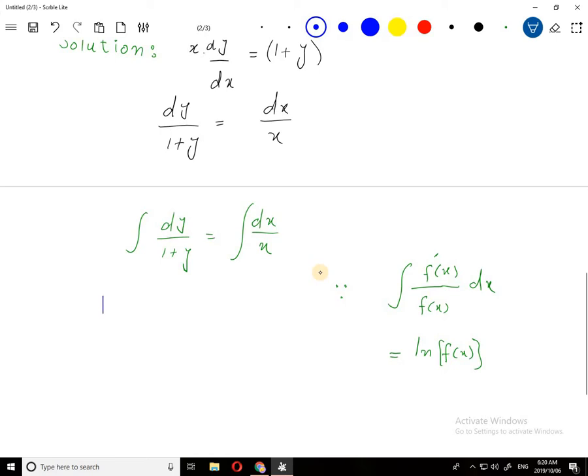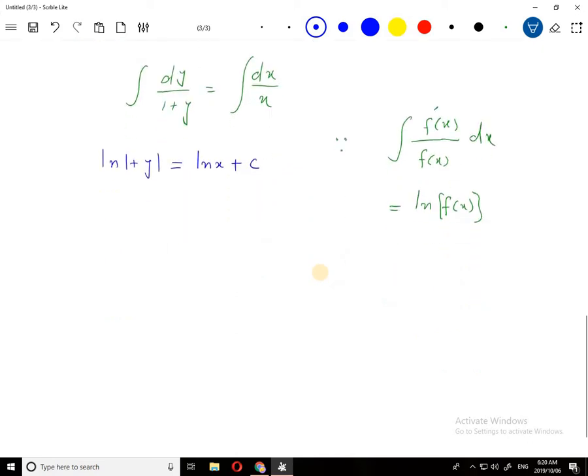So it will become log of 1 plus y plus log of x equals log of x plus c, constant of integration, and instead of writing it just c, I can write it as log of c.